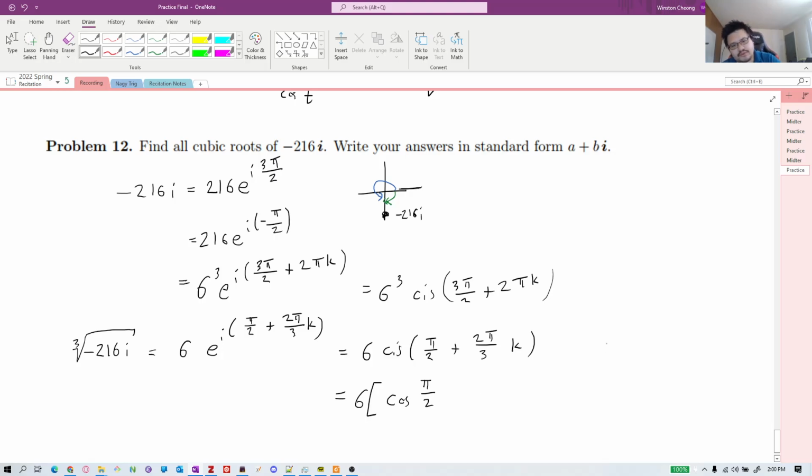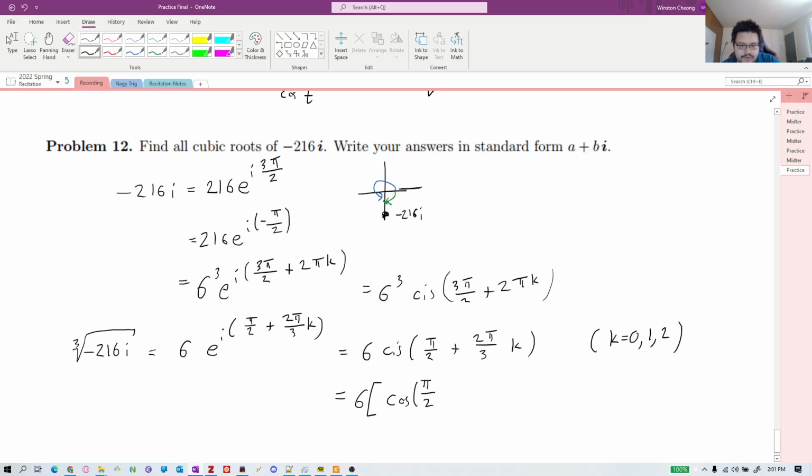And there's one other little caveat here. This k value is going to repeat after a certain number of steps. So we only need it for the values 0, 1, and 2. 0 is going to give us our principal root. 1 and 2 are going to give us our other roots. But once we go beyond this, it's just going to cycle back.